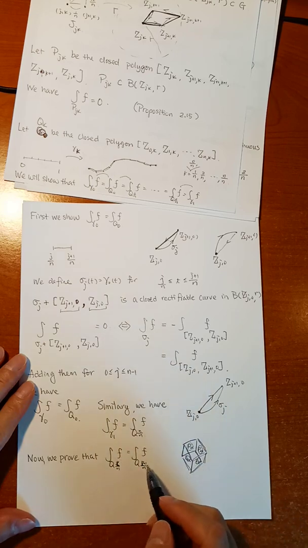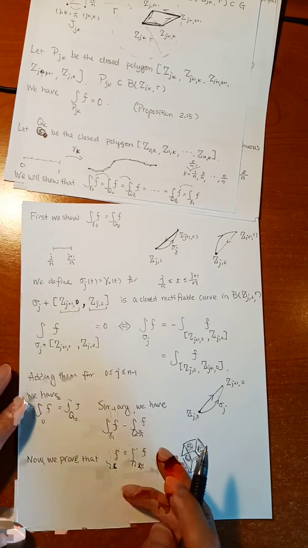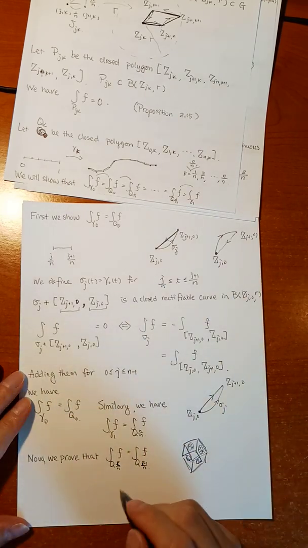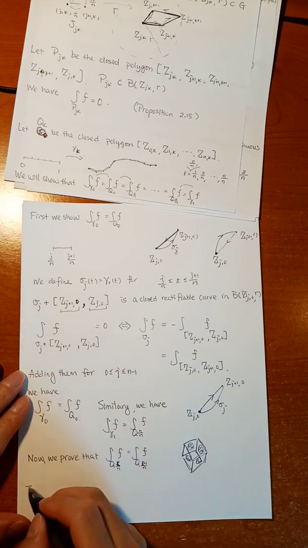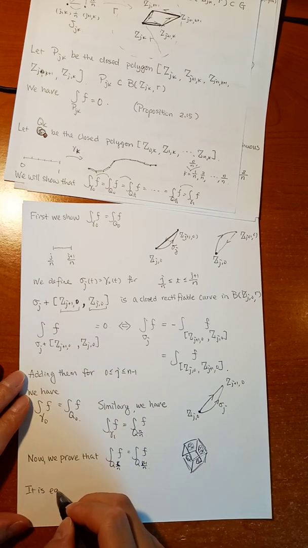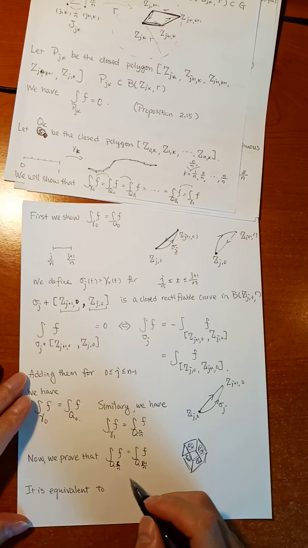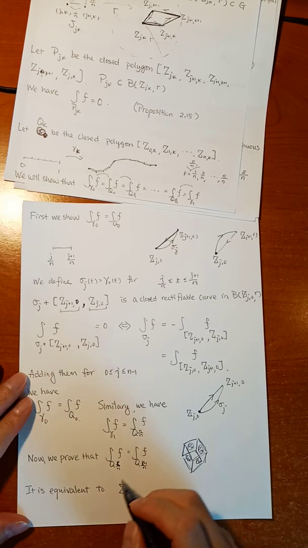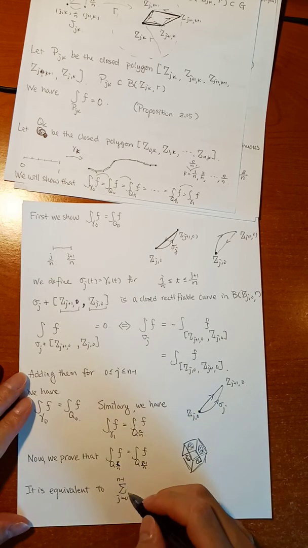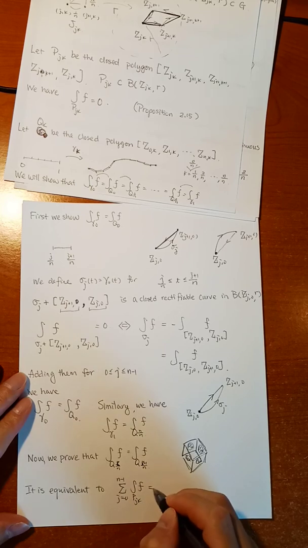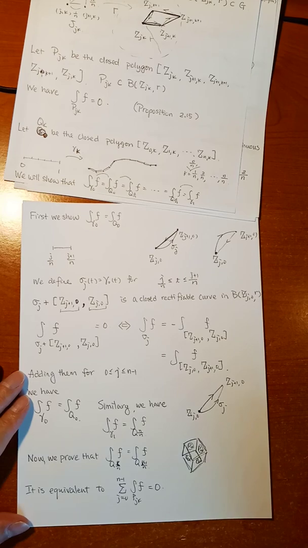And this equality, if I move this to the other side, you will see this condition is equivalent to the sum over j from 0 to n minus 1 of the integral of f along pjk equals 0. It is equal to this.